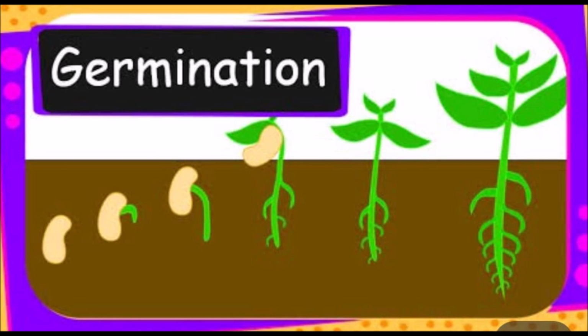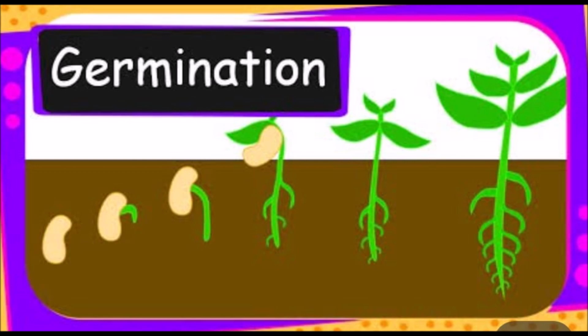What is germination? The process of a seed starting to grow into a new plant. The given image shows how the baby plant comes out from the seed.